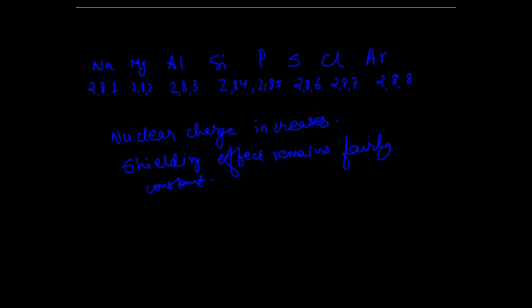Because in each case there are just 10 innermost electrons. In each of the 8 elements, the number of innermost electrons is just 10. And since the number of innermost electrons is the same in each case, the shielding effect remains fairly constant. Now, nuclear charge is increasing, shielding effect is constant. So across the period, the ionization energy increases.